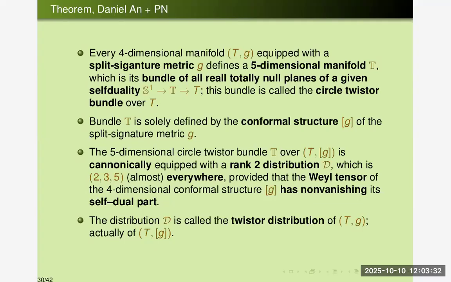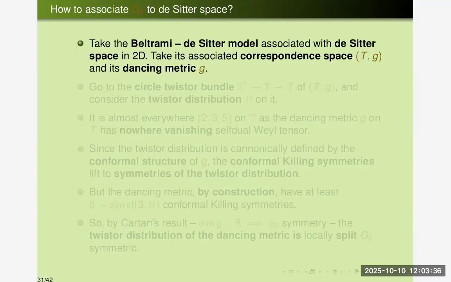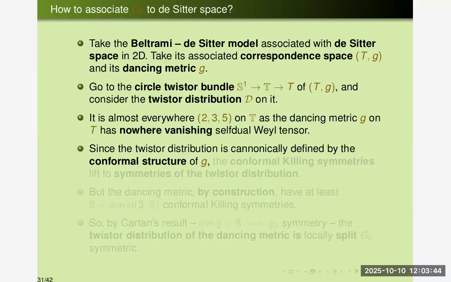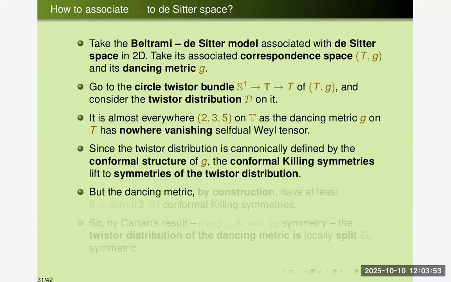Like I started with a disk, you know? Okay, that's what I just said. Take the correspondence space, go to the bundle. It's almost everywhere 2, 3, 5. Since the twistor distribution is canonically defined by the conformal structure, the conformal symmetries give symmetries of the twistor distribution, but the dancing metric has 8.